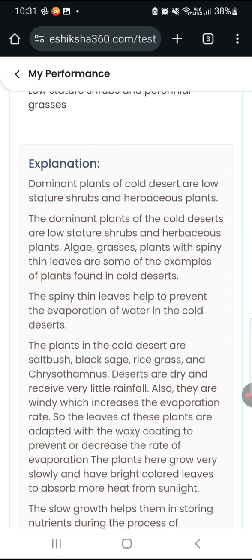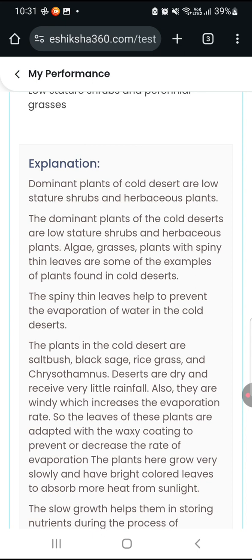Deserts are dry and receive very little rainfall. Also, they are windy, which increases the evaporation rate. So, the leaves of these plants are adapted with a waxy coating to decrease the rate of evaporation.